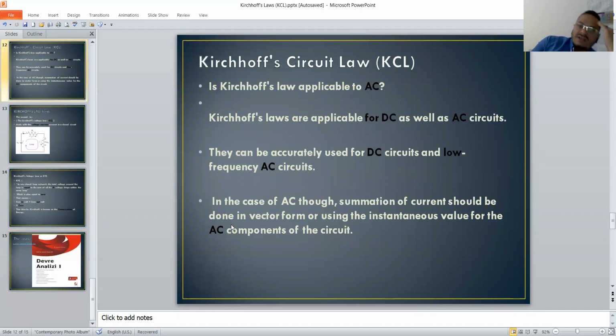Now, is Kirchhoff law applicable to AC? Actually, Kirchhoff law can deal with DC and AC circuits. They can be accurately used for DC circuits and low frequency AC circuits.